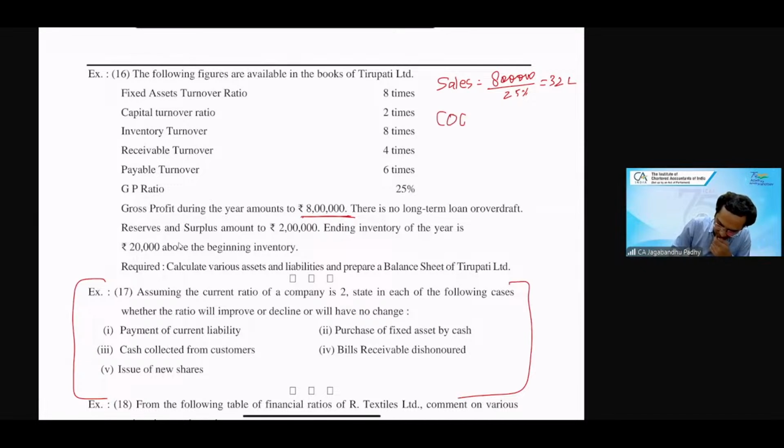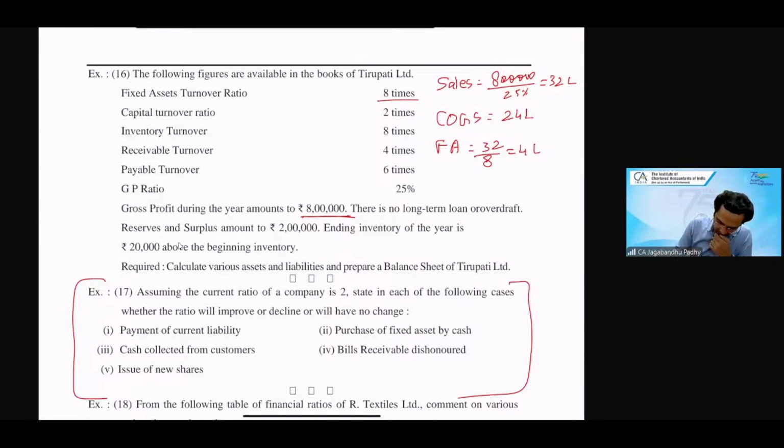And the value of COGS will be 24 lakhs. So sales is 32 lakhs, COGS is 24 lakhs. Now using the fixed asset turnover, the fixed asset is 32 divided by 8 times, which is 4 lakhs.